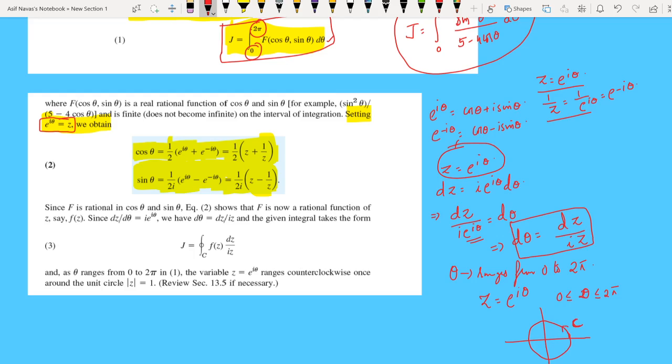So our contour 0 to 2 pi changes to the contour unit circle, mod z equal to 1.